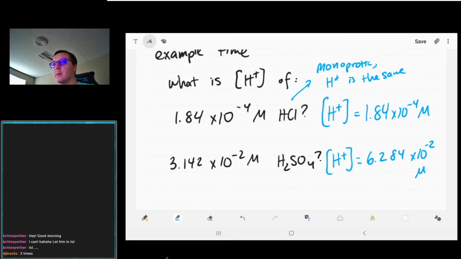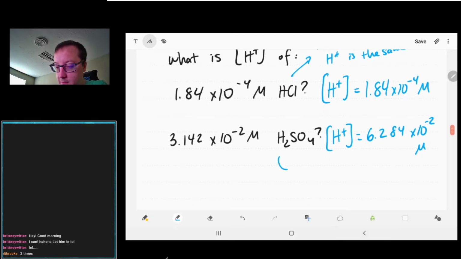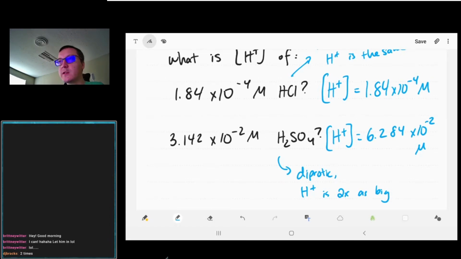Because again, this is diprotic, and for us, that means that this is just going to be twice as big. Okay, so in reality, one of the protons will come off very easily and the other one comes off a little bit more slowly, but for us, we're just going to assume both of them come off right at the same time and no problems. So we make things easy. We can make these assumptions that aren't really going to make a big difference for us.